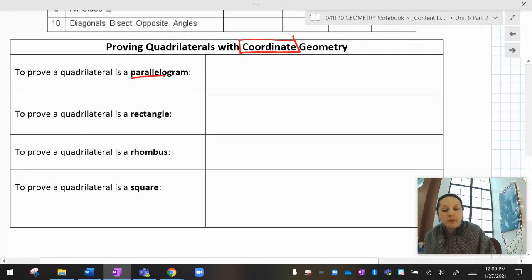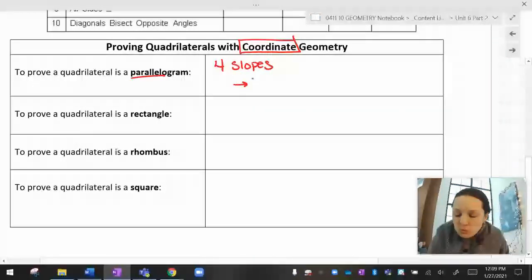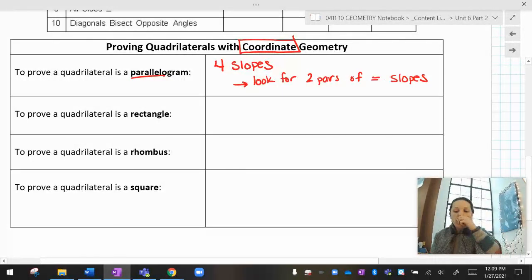So to prove something is a parallelogram, you are going to calculate all 4 slopes, because slopes tell you if things are parallel, because you want to look for 2 pairs of equal slopes. Because if you have 2 pairs of equal slopes, that means you've proved that opposite sides are parallel.